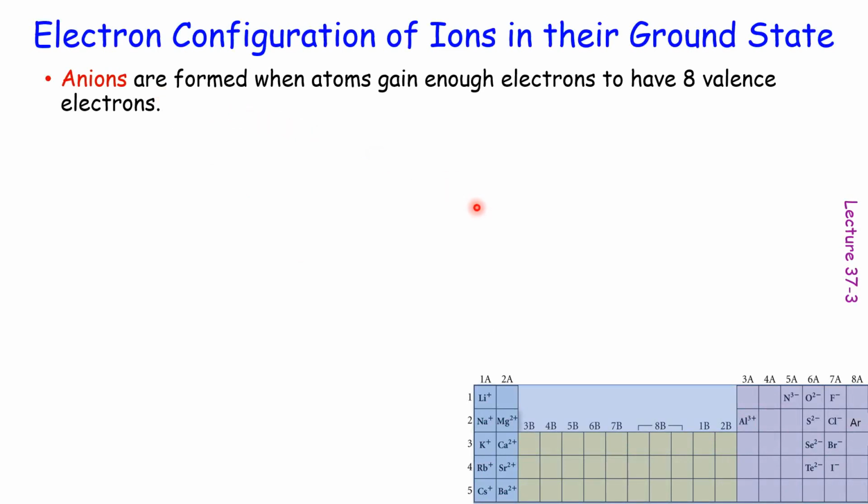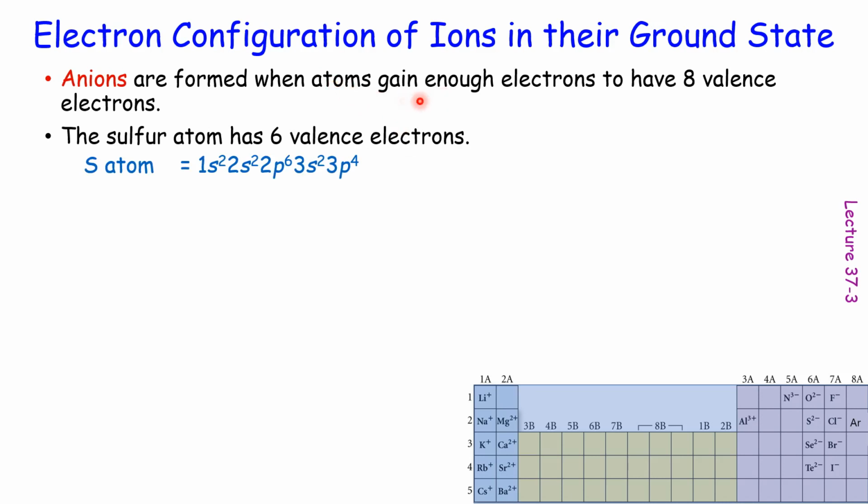Anions are formed when atoms gain electrons. How many electrons should they gain? They will gain enough electrons to have 8 electrons. What is special with 8 electrons? The octet rule.